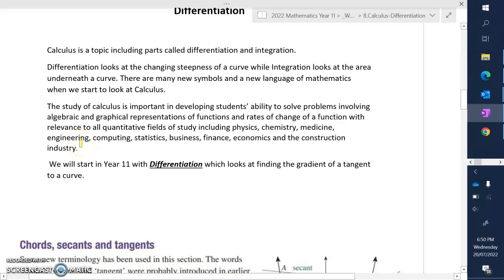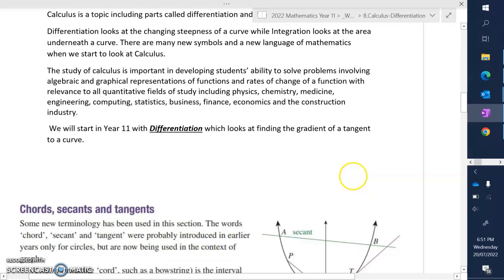Although you won't see calculus in those areas in the HSC in other subjects, it will only be maths at the HSC level. If you do go to study at uni, a lot of those different areas will look at calculus and calculus related things, particularly your economics and finance, which looks at econometrics and some of that style of calculus in there. So it is a topic that you will most probably definitely use again.